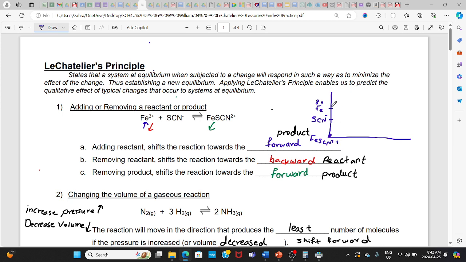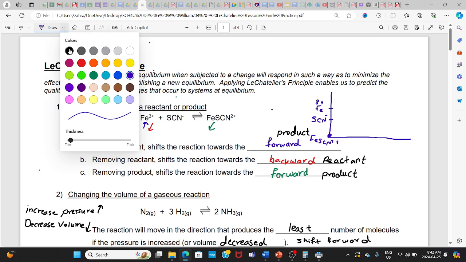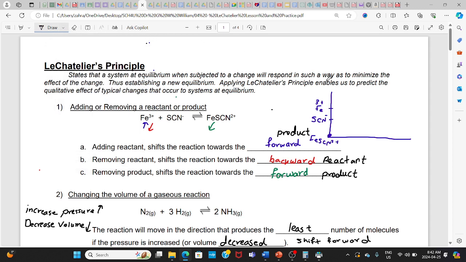So I have some reactants. On the y-axis is the amount, and I don't have any product. I'm going to use a different color for each. Let's do Fe in black.